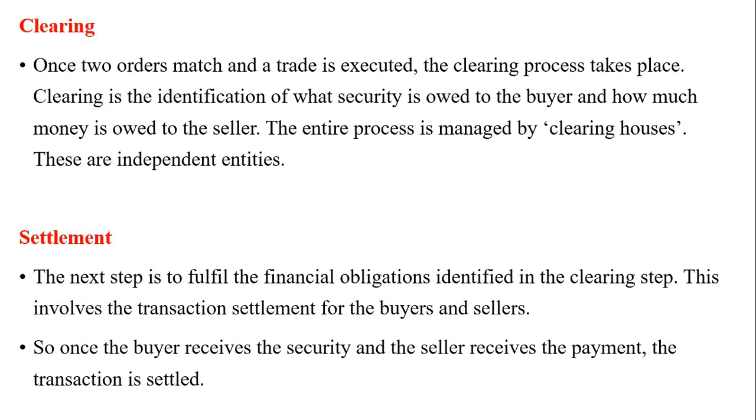For example, imagine that there are two traders, Mr. Lokesh and Ramesh. However, in the real market scenario, traders tend to conduct multiple transactions. As a result, the clearing house identifies all the transactions and the net amount or net securities owed to the trader are calculated. This is the clearing.